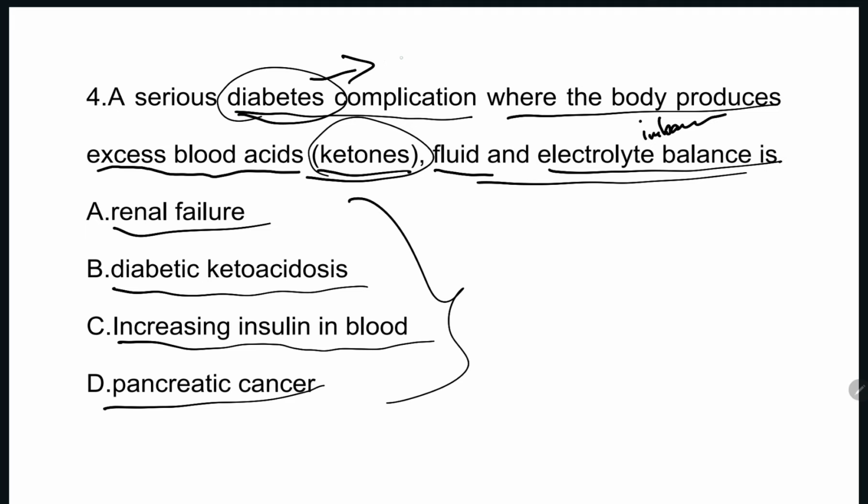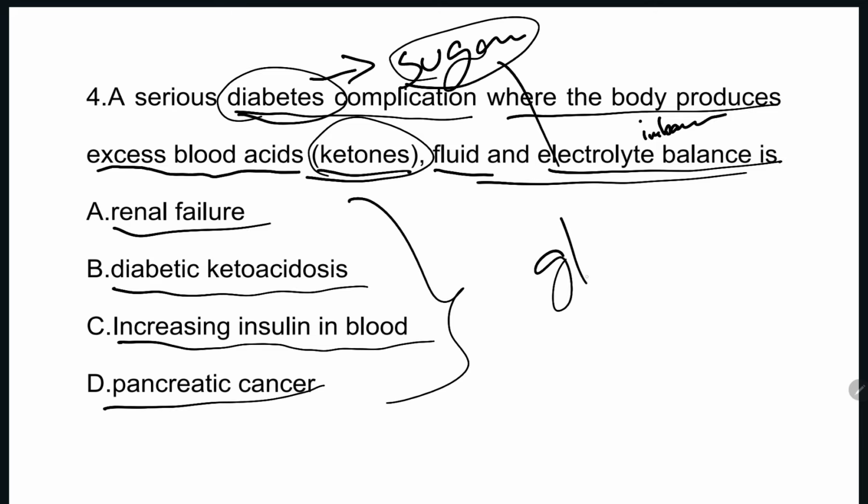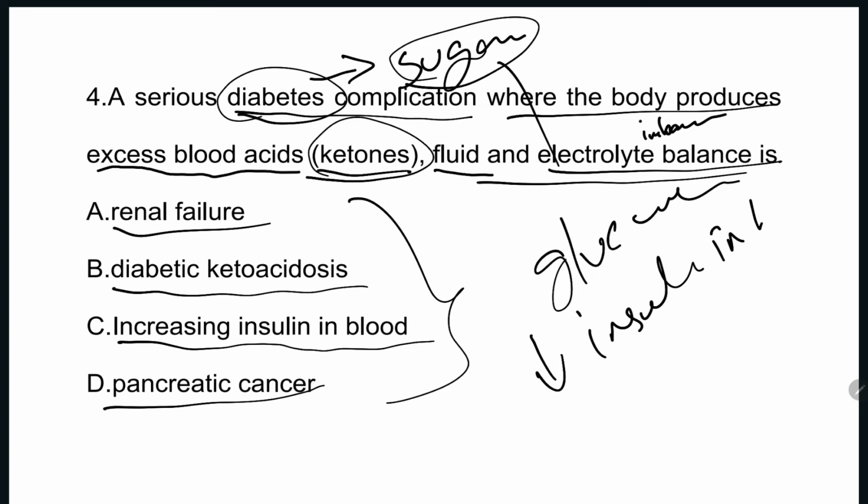With the disease of diabetes. So diabetes is nothing but a sugar disease. Okay, sugar disease is nothing but glucose. So what will happen in diabetes when the person has decreased insulin in the blood? There is a reason: decreased insulin in the blood. What will happen?